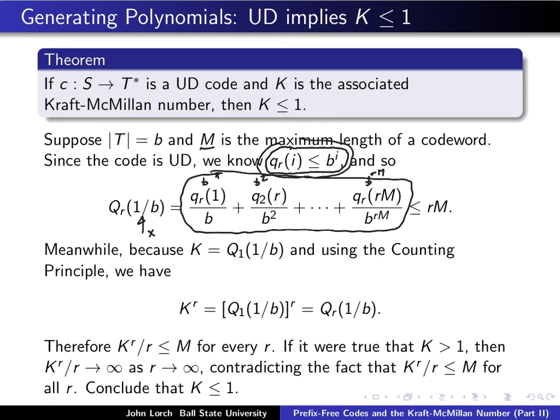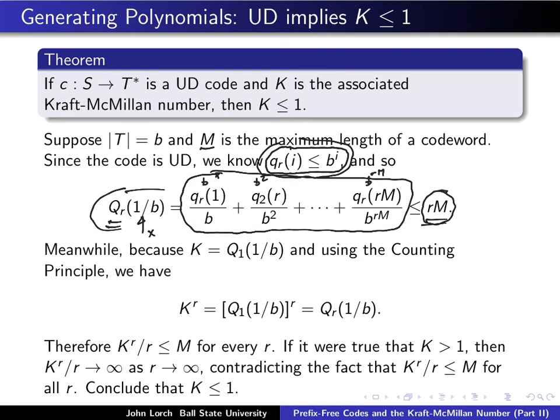So notice that capital Q sub r of 1 over b is less than or equal to b over b plus b squared over b squared plus and so on. But those are just ones, right? Capital Q sub r of 1 over b is less than or equal to 1 plus 1 plus 1, rm times. And so we conclude that whatever capital Q sub r of 1 over b is, it must be less than or equal to r times m.